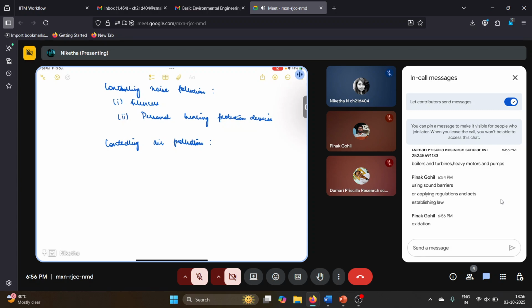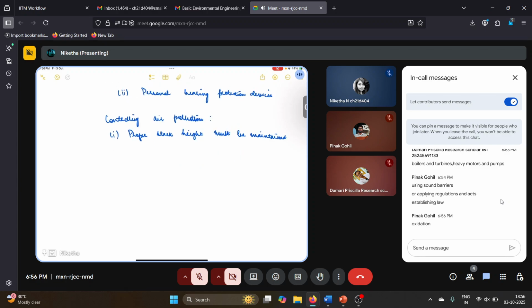So to control air pollution, we need to maintain a proper stack height. So this is necessary because otherwise, what happens if we don't maintain a proper stack height?